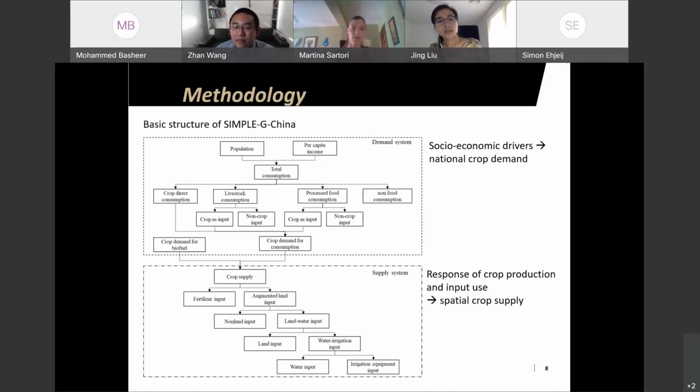So I think the key is the CET, which is quite a traditional modeling technique in this kind of framework.